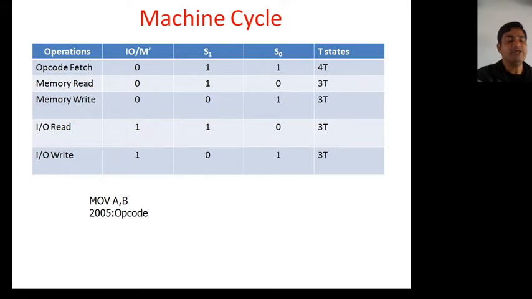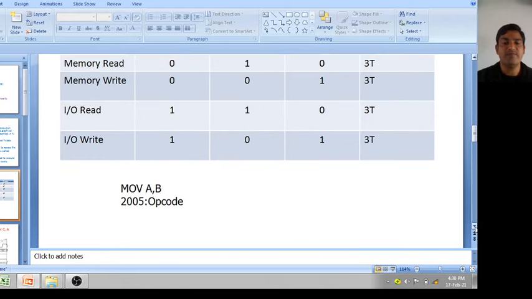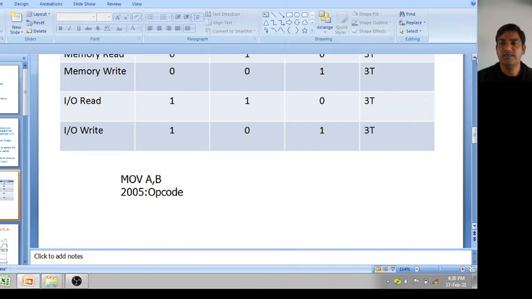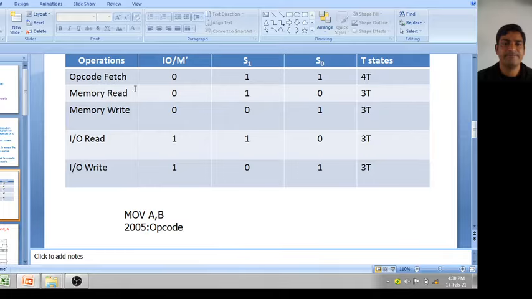In 8085, suppose this is your instruction, MOV A, B. And you know the very first machine cycle will always be opcode fetching. Why?